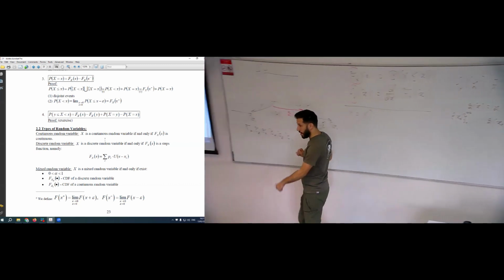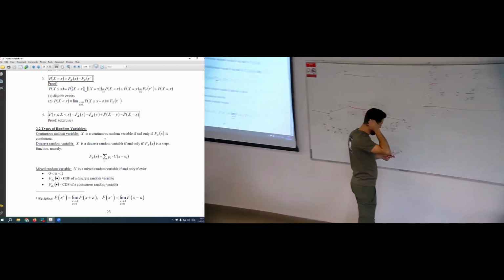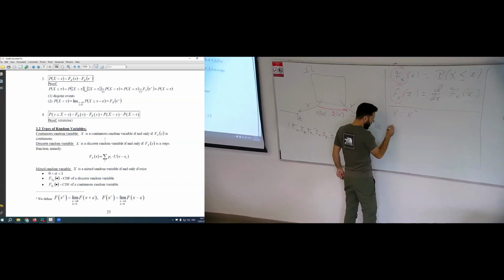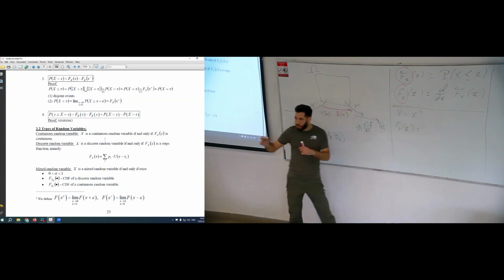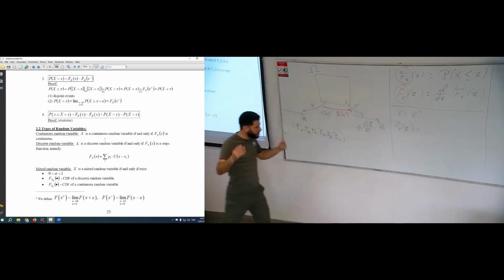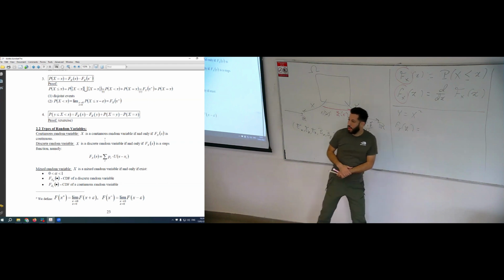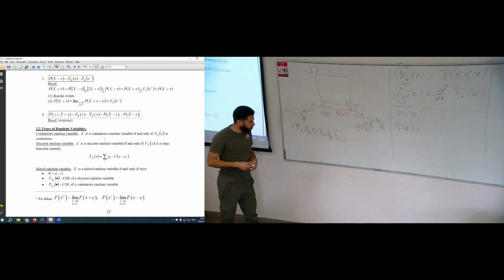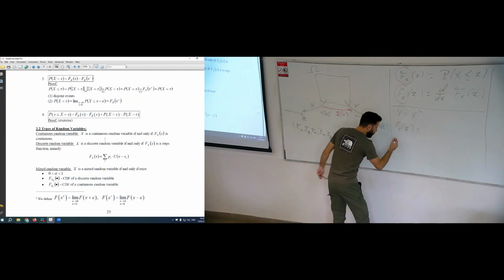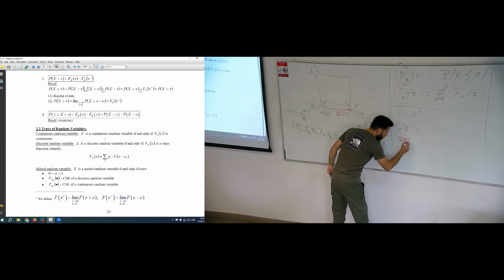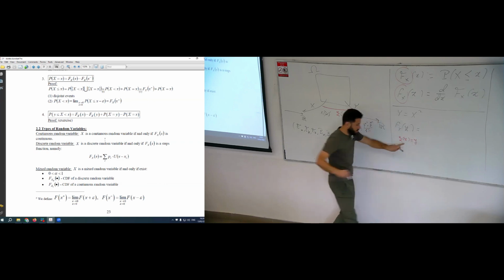If y equals x squared, then if y at some point y, of course y is positive, and let's assume that x is a continuous random variable. So let's ask, what are the x's that solve this equation?